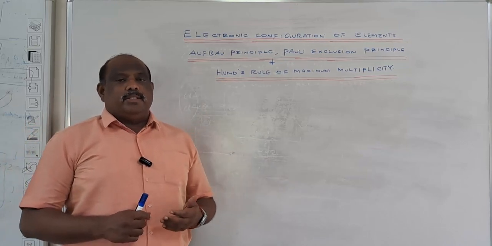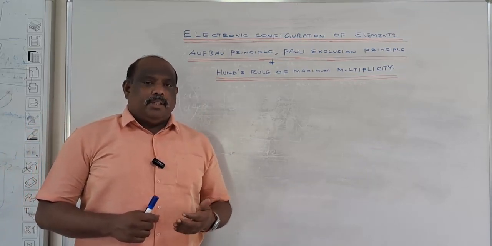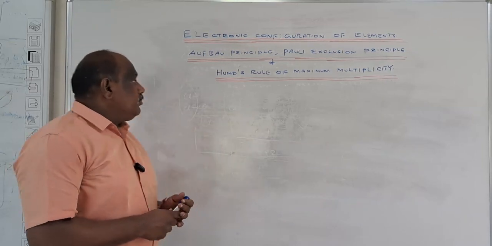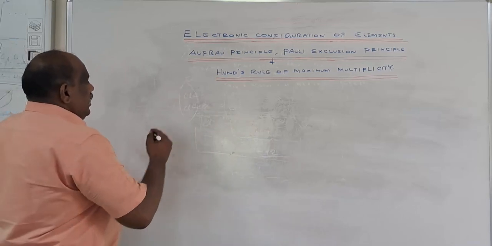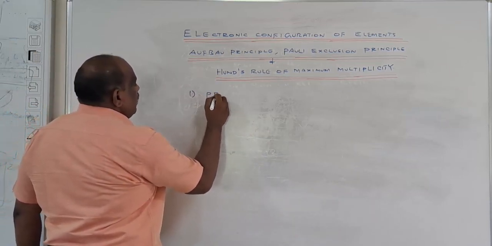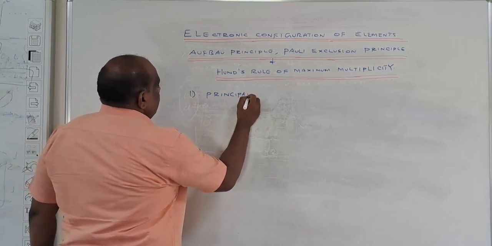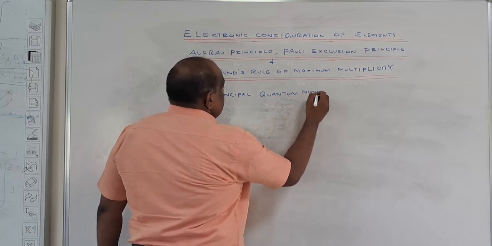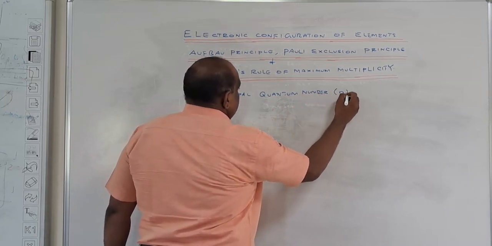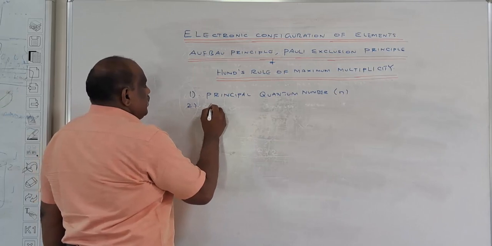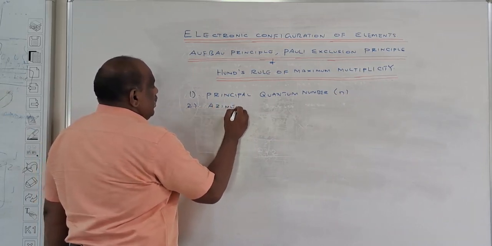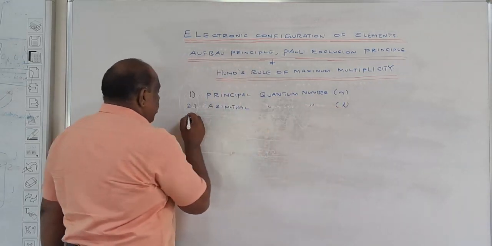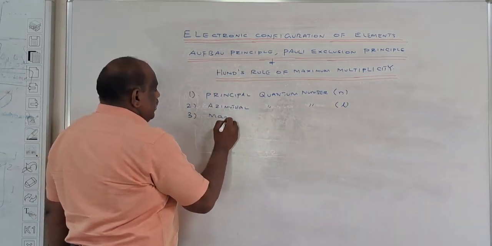In the last session, we discussed quantum numbers in depth. Here also, we'll discuss some components of quantum numbers. I will recall them. The first is the principal quantum number, given by small n, followed by the azimuthal or secondary quantum number, given by small l, then the magnetic quantum number.